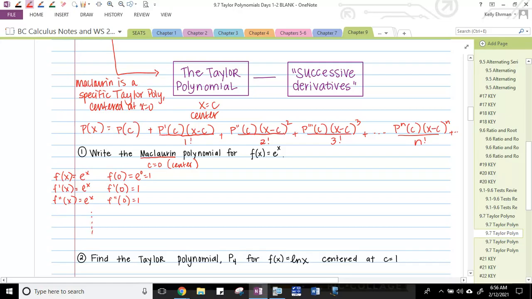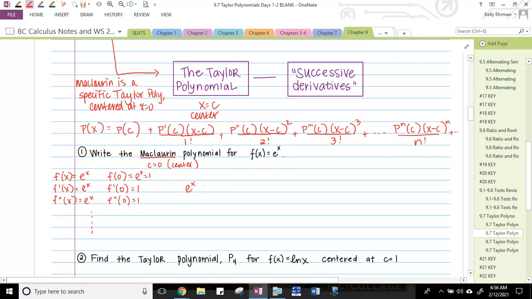Okay, so what does that tell me? It tells me that I can go ahead and start writing the polynomial. So here's the cool thing. If you include an infinite number of terms, then our Maclaurin polynomial will match exactly the curve for e to the x. So here's how I'm going to write this.